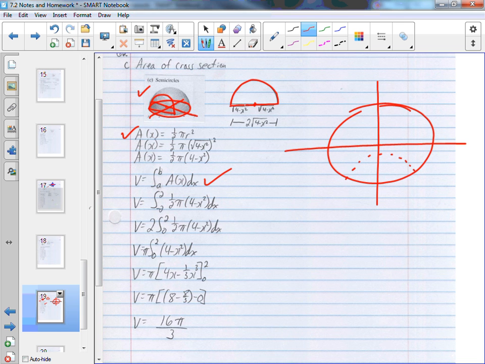So the radius, well, let's put it this way. The distance from here to here, that distance is one function. The other y-coordinate would be the negative of the square root of 4 minus x squared.